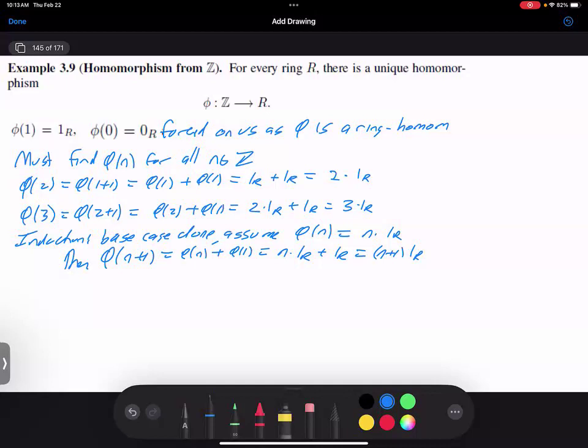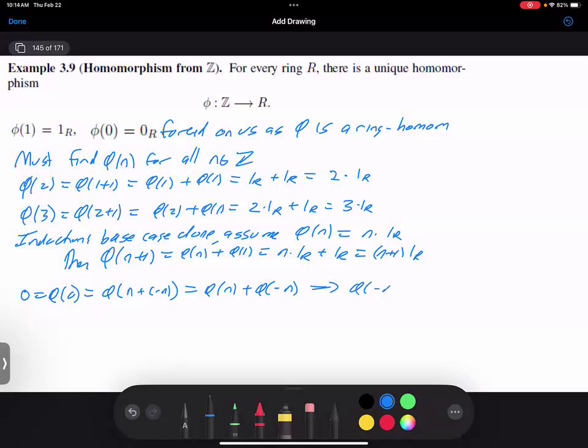So we know phi for every positive integer. What could we look at to get phi of a negative integer? Okay, so 0 equals phi of 0. And how would you want to rewrite 0? So n plus minus n. So that'll be phi of n plus phi of minus n.